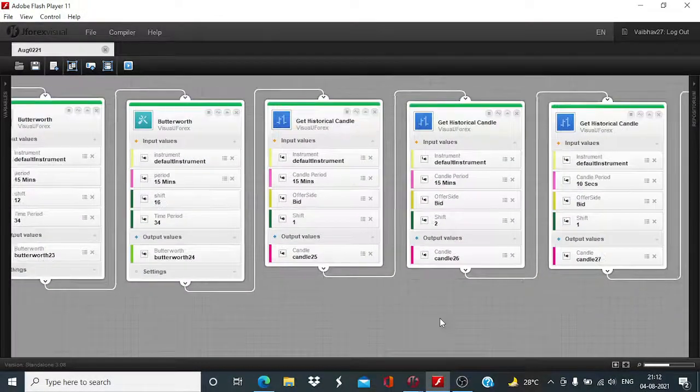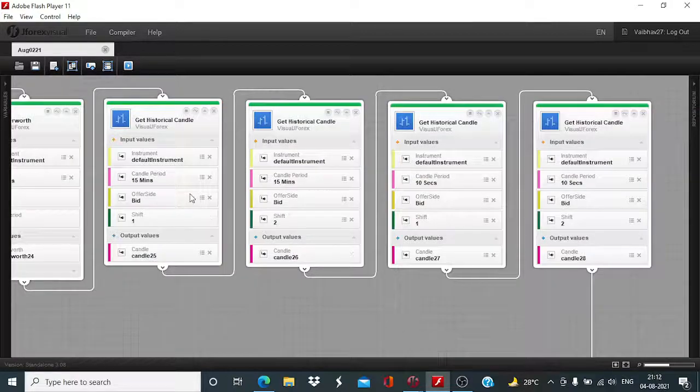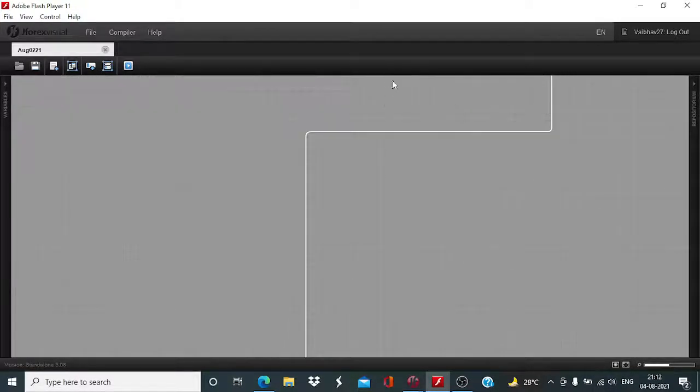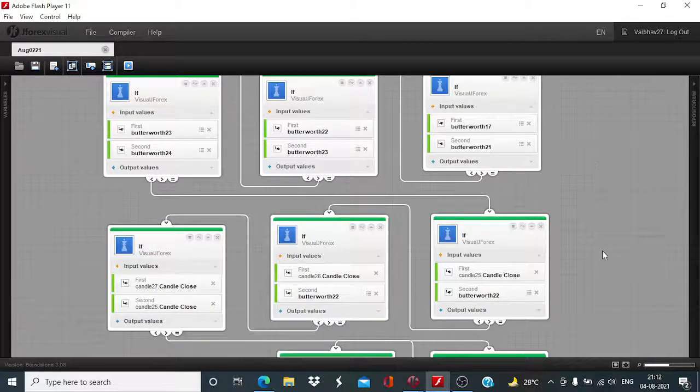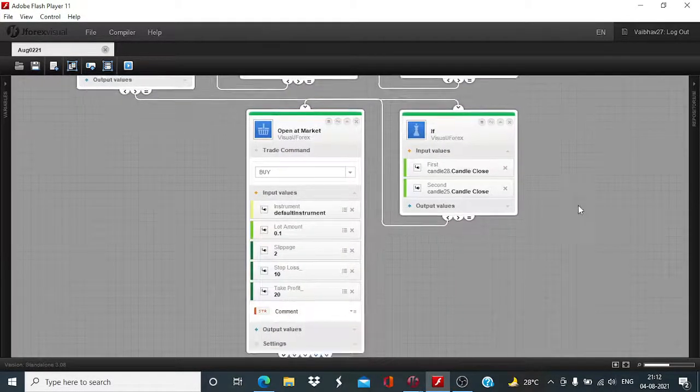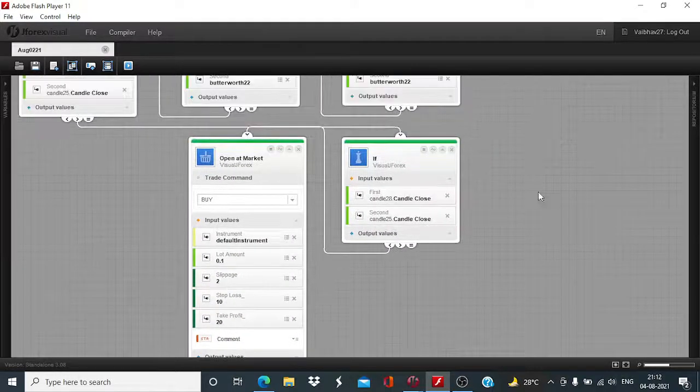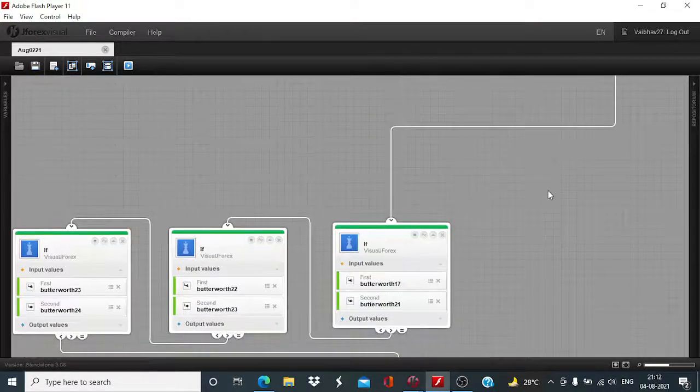To look at the price volatility, we are also taking the help of these get historical candles. Candle period is 15 minutes for these two and 10 seconds each here. And on the lower side, we have conditions in place for execution of the buy trade. So far, so good. The buy side is complete.